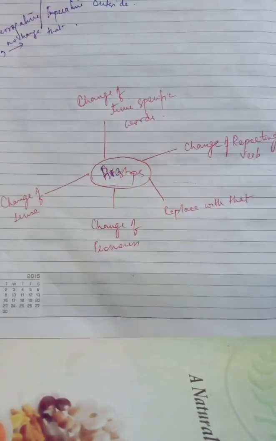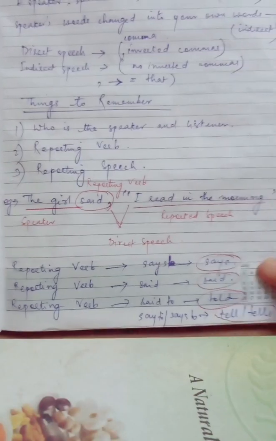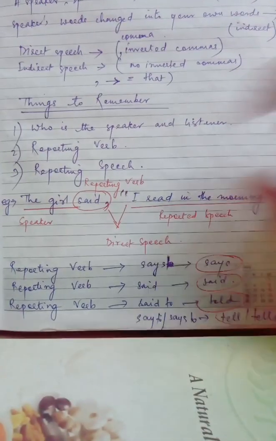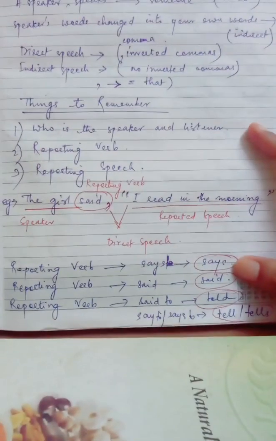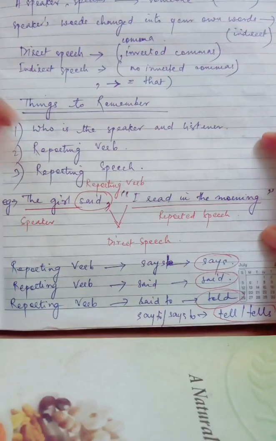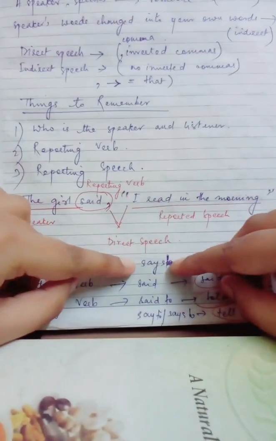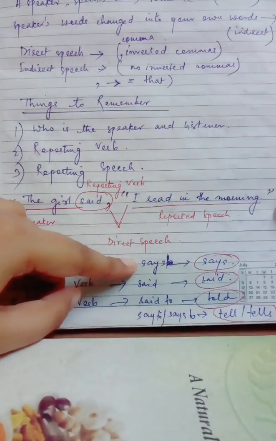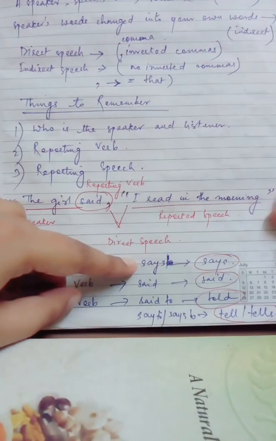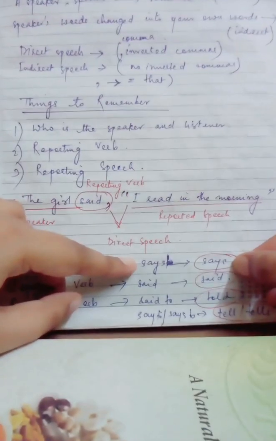So first, we will see the change of the reporting verb. Now we are clear which one is the reporting verb in a sentence. This set here is the reporting verb. For example, if in direct speech your reporting verb is says, S-A-Y-S, in indirect speech we will not change it, we will keep it as says.